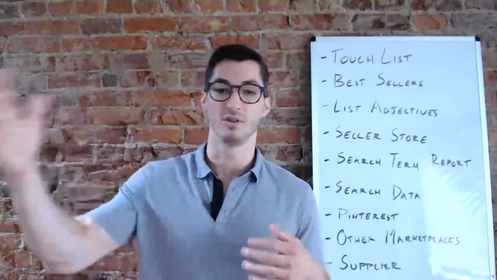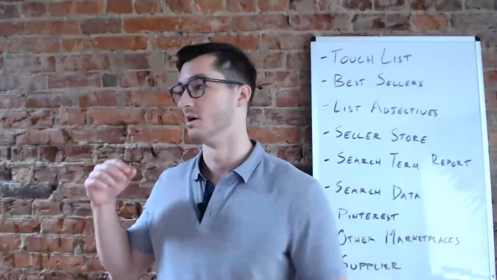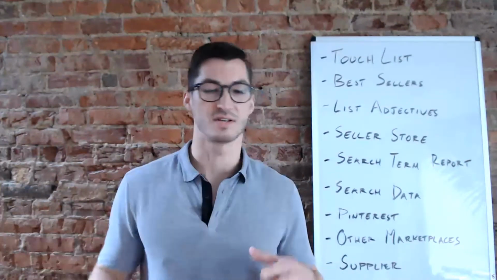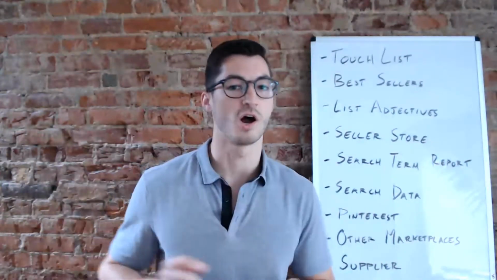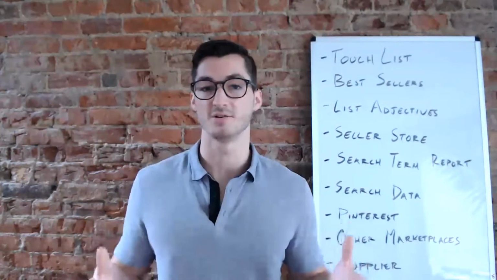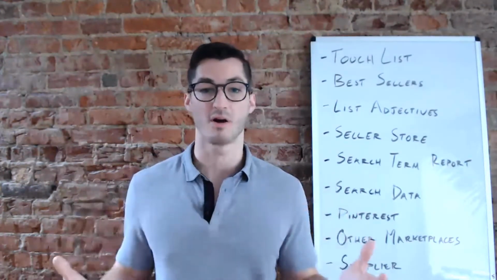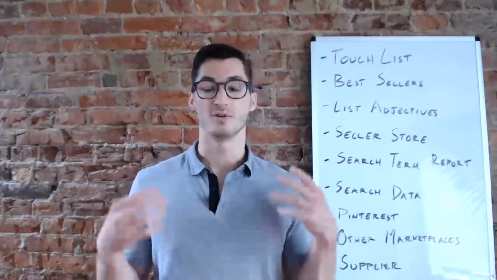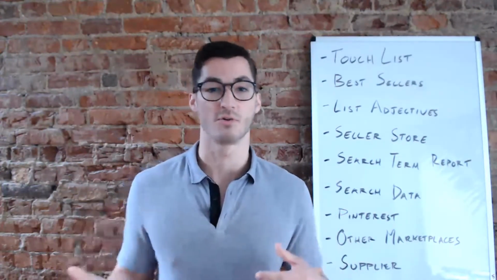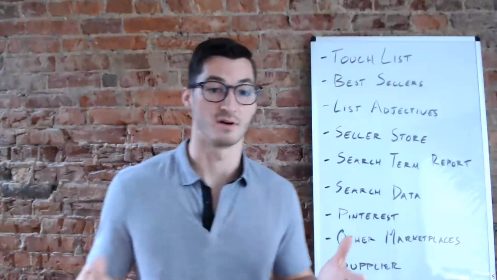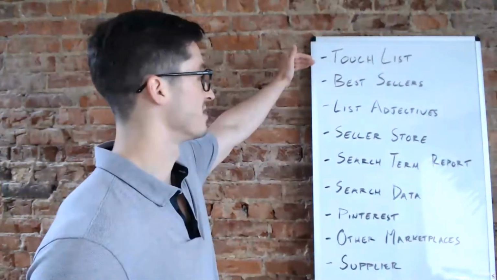So let's say, oh, lamp, coffee maker, speaker, sound system, whatever it is, you just want to jot all those down. Those are all potential ideas of different products or different niches that you could find a product opportunity in when we go to look for them and use the Chrome app on Amazon, right? So touch list is number 1.